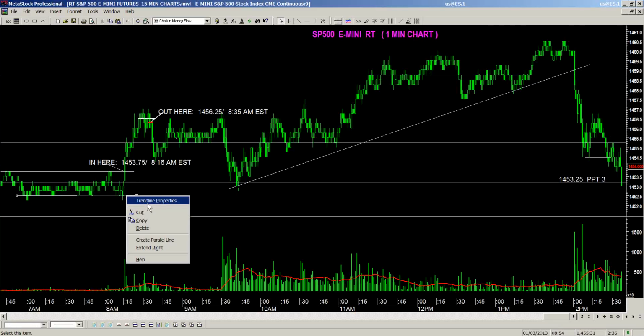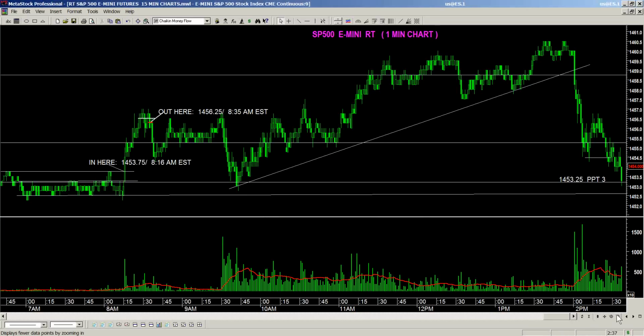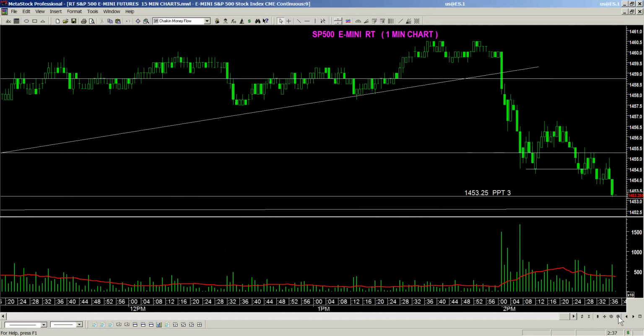A trade taken previously, before equities opened. And we'll just extend that out to the right, to the future. And now we'll see how we're doing.